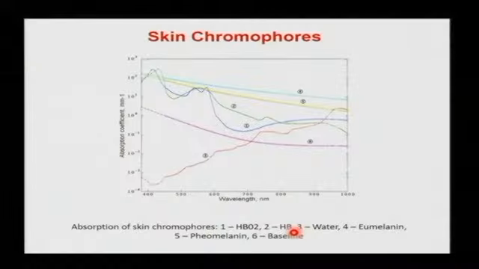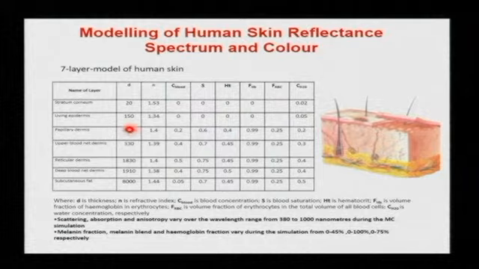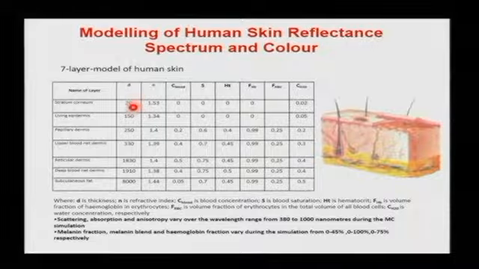Then we know that the main chromophores in the skin are oxy and deoxyhemoglobin, water, melanin. There are two forms, eumelanin and pheomelanin, and the other chromophores that we can call a baseline, and they have different absorption properties. And thus, if we consider our model, we're able to again introduce the thickness of each layer that will be associated with the average thickness of real human skin.